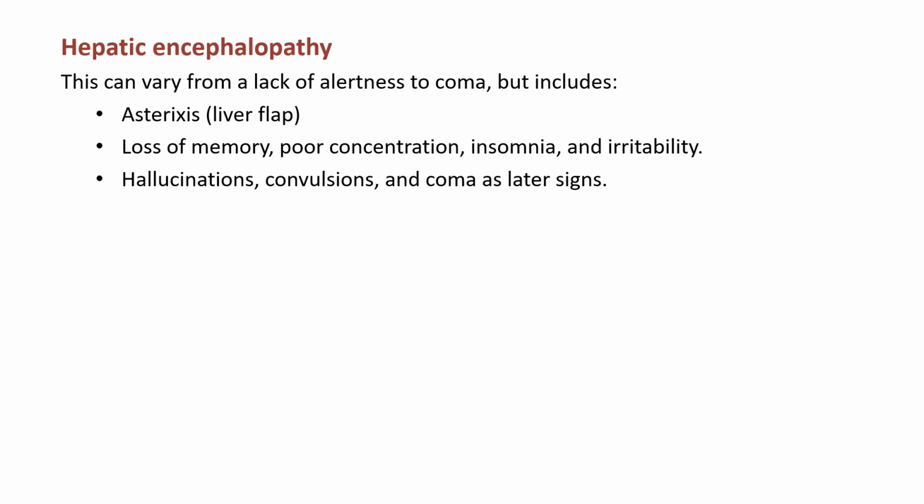Hepatic encephalopathy is where we start to get a problem with chemicals that impact on the central nervous system rather than the abdominal cavity. So hepatic encephalopathy can vary, as we said, from a lack of alertness to full-blown coma or convulsions.